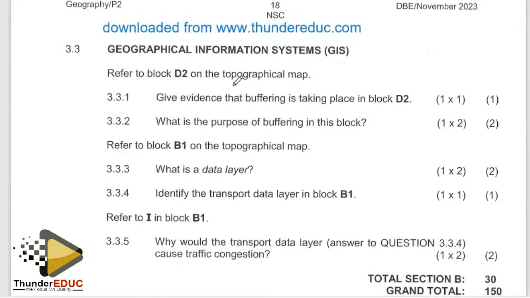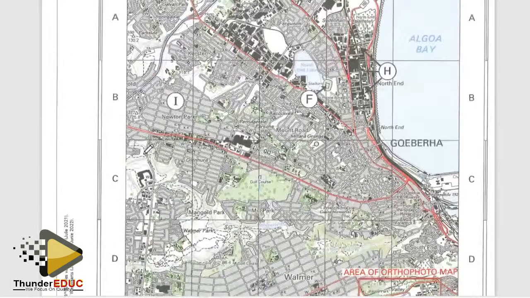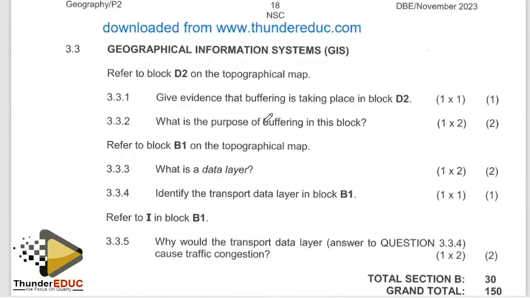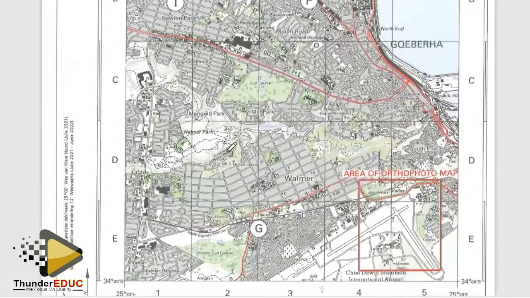Refer to block D2 on the topographic map. We got the topographic map. We take D2. D2 is here. Okay. The first question is, give evidence that buffering is taking place in D2. When you check D2, the settlements, the streets are here, and then there's a cemetery here, then there's a space before you reach the rivers.